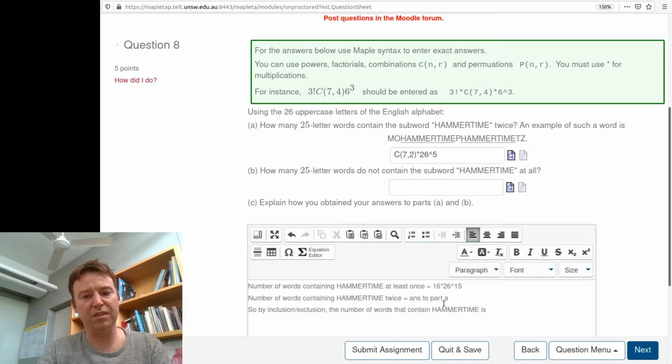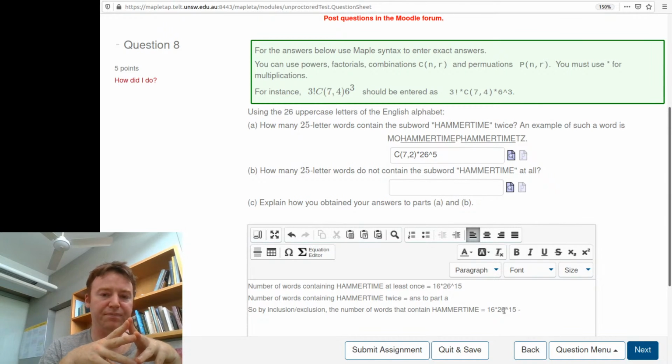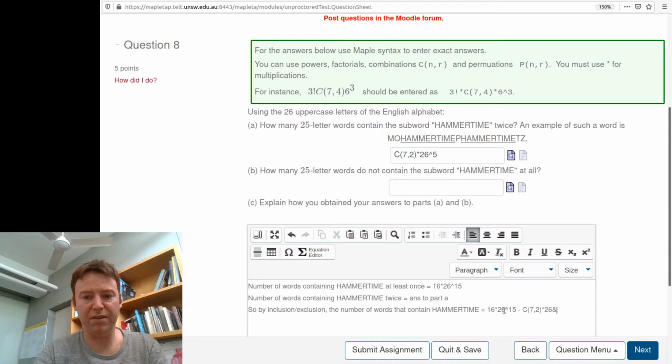the number of words that contain hammer time is, well, it's going to be whatever I had here minus the number of words, because that's going to do a lot of double counting, and then minus my answer to part A, 7 choose 2 times 26 to the power 5.